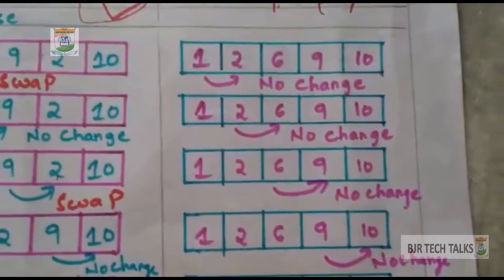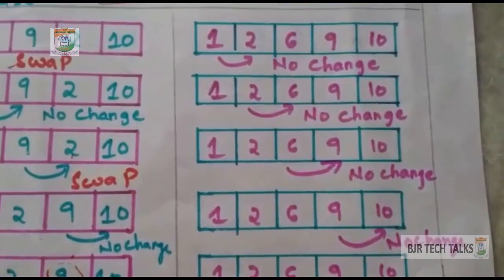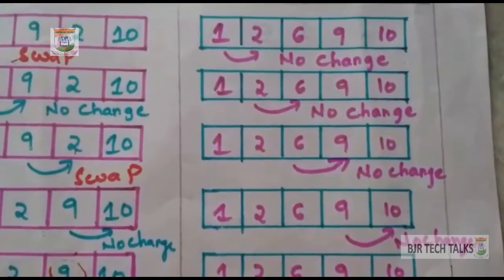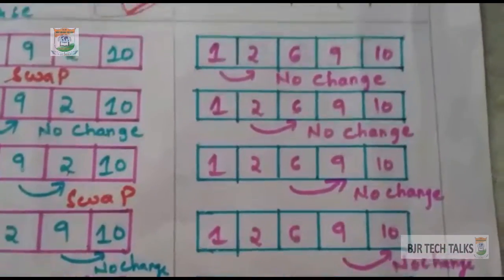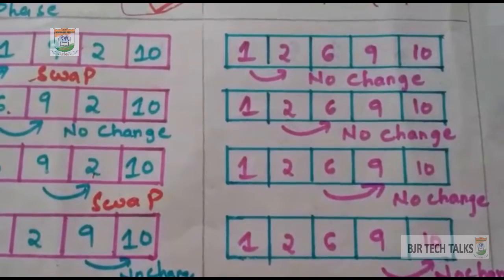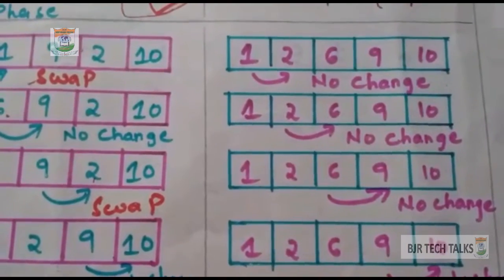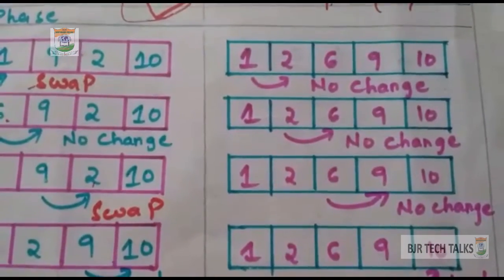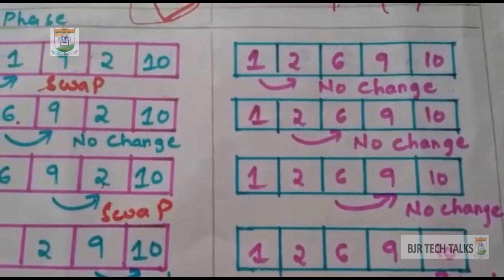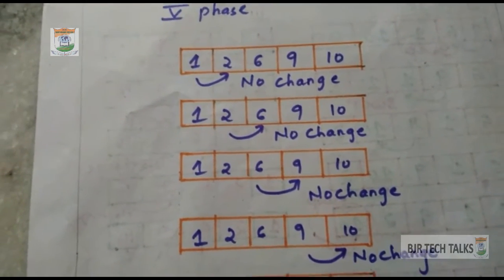And 9 is less than 10, here also no change. And the same elements we will take as the fifth phase, and do the same. This is bubble sort, but it goes to the fourth or fifth phase only in rare cases. In most cases, it will be done by the third phase only.